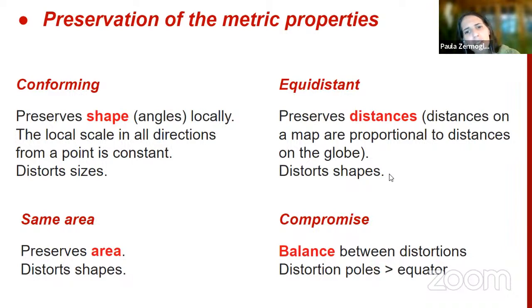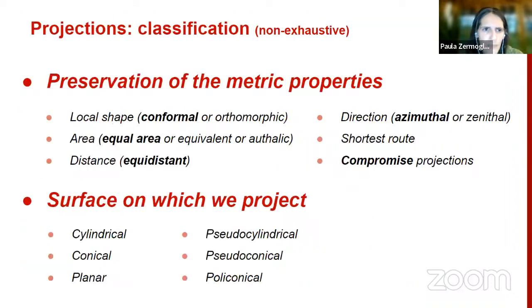For equidistant projections, we preserve distances, but we also distort shapes. And as we were saying before, for compromise projections, we try to balance all those different distortions, but we still have distortion. And usually we have more distortion at the poles than at the equator. We're going to see some examples in a moment.